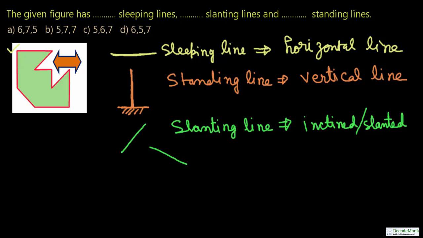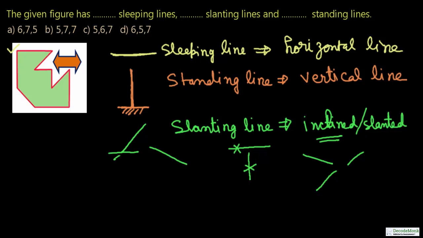The only thing is that they are not sleeping and they are also not standing. So this is not a slanting line, this is also not a slanting line. Apart from these two types of lines, any other line is a slanting line. They are inclined to the plane.